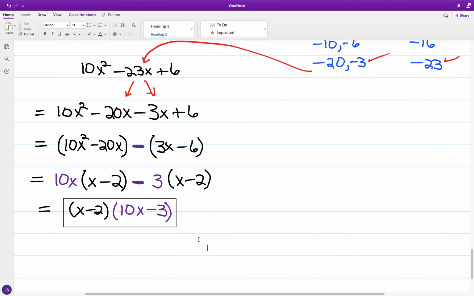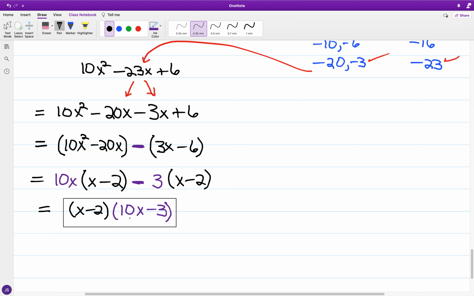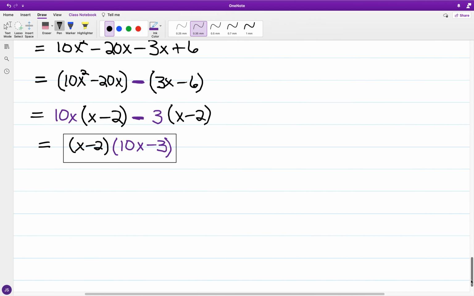Those will be the factors in this case. And you can, again, double check: x times 10x is 10x squared, and we have minus 3x minus 20x, which is negative 23x, and negative 2 times negative 3 is a positive 6.